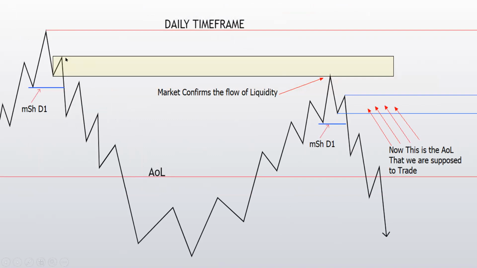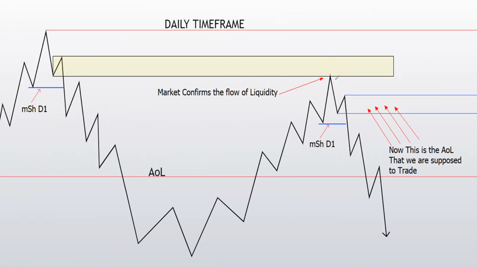We had this inside formation. The market came and tapped this inside formation, but the market again shifted on the daily time frame. So now this is what we call the confirmation of liquidity flow, and this is our first agglomeration.